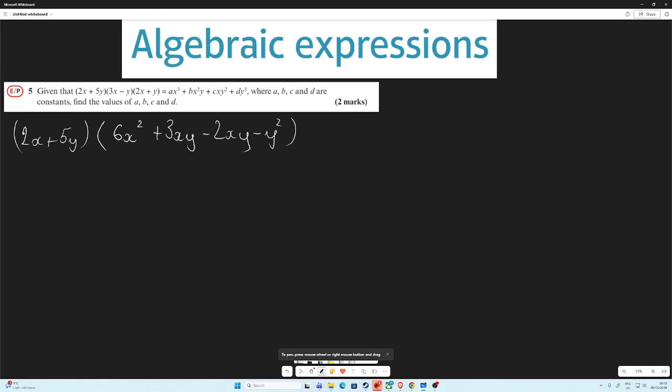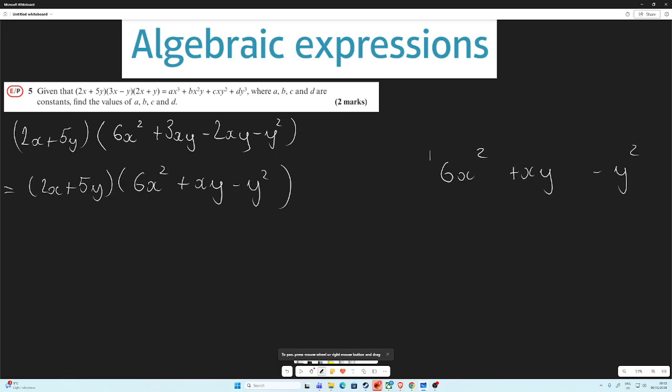Let's simplify this, so that equals 2x plus 5y times 6x squared plus xy minus y squared. And again, we'll use the grid, so 6x squared plus xy minus y squared times 2x plus 5y.